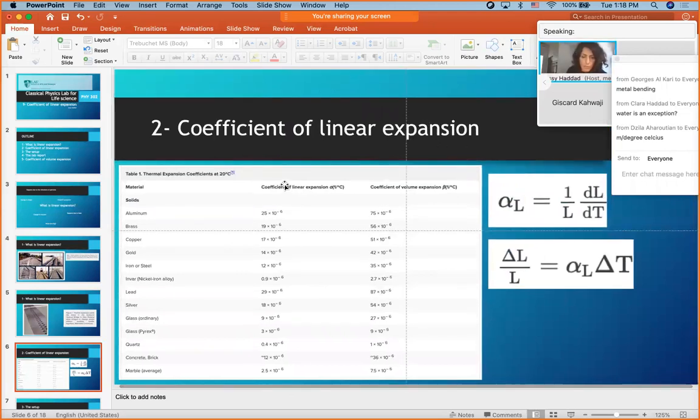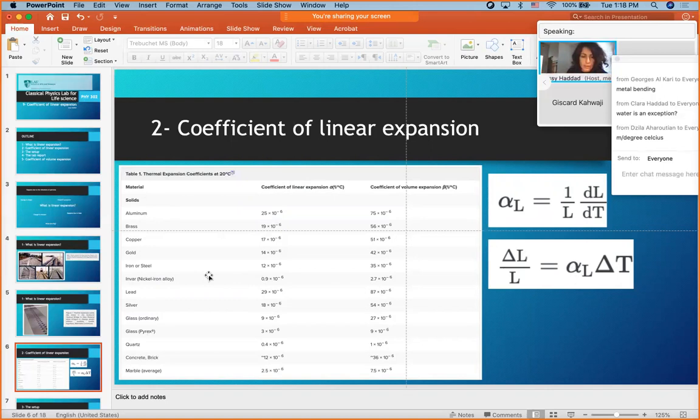Three things I would like to discuss. Which solid has the greatest coefficient of linear expansion? And since the coefficient is proportional to delta L, I will assume which solid would expand more due to heat. Can you have a look so you can compare a bit those metals that you have around you in your houses, in your kitchen, I don't know, in your classes.